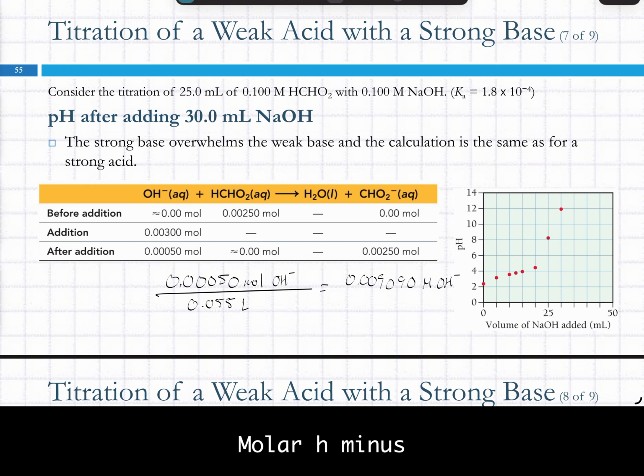Molar OH minus, negative log, and that's 2.04139, but that's pOH. So 14 minus that: 11.959.